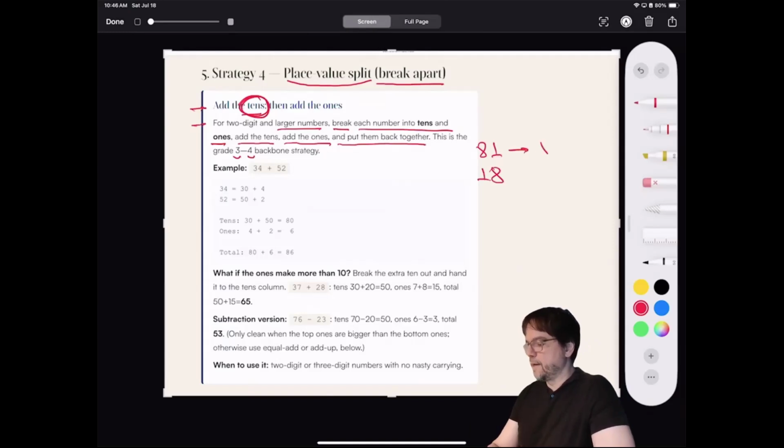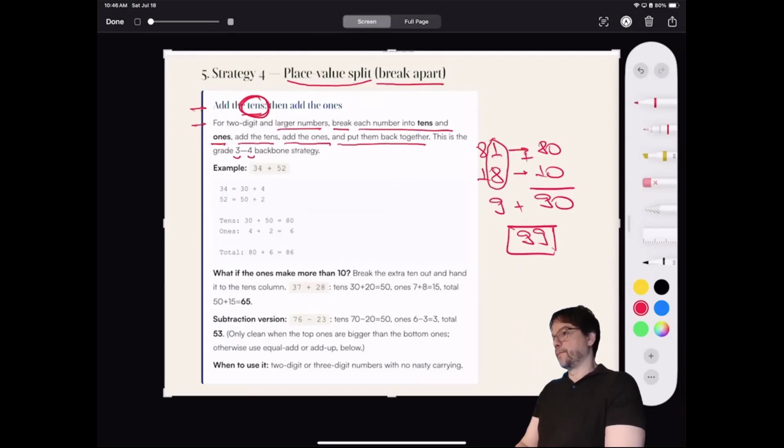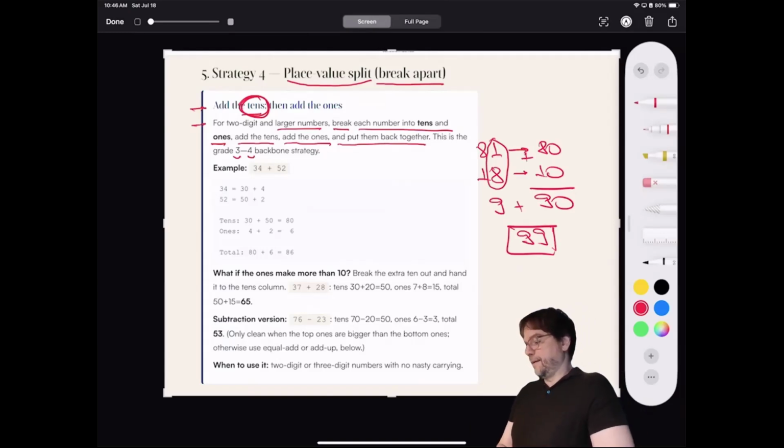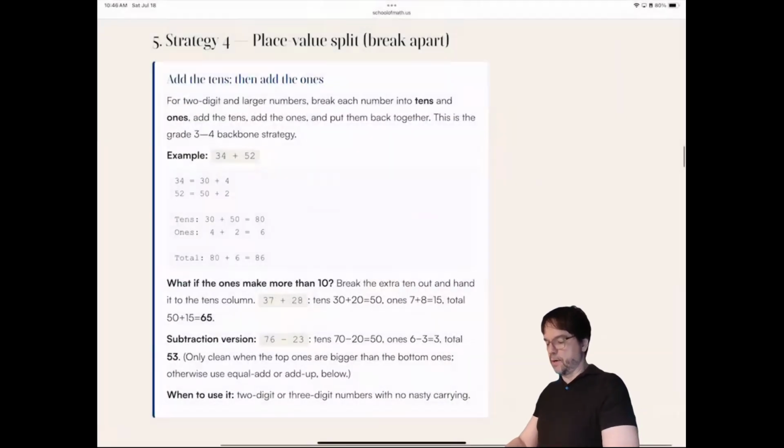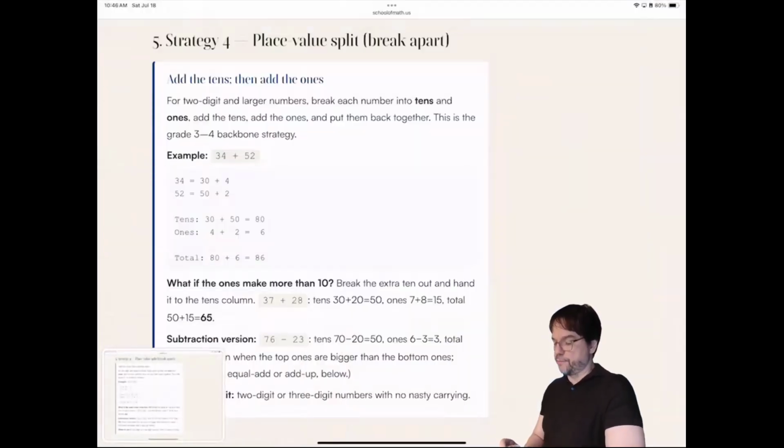First, you do 80 plus 10 is 90. Then 1 plus 8, that is 9. So is 99. Okay? There are all the techniques that I could have used here. Let me erase because now I do the subtraction version of this.